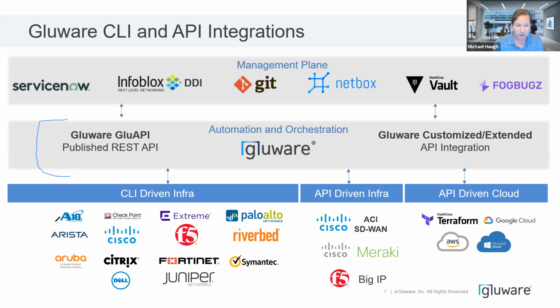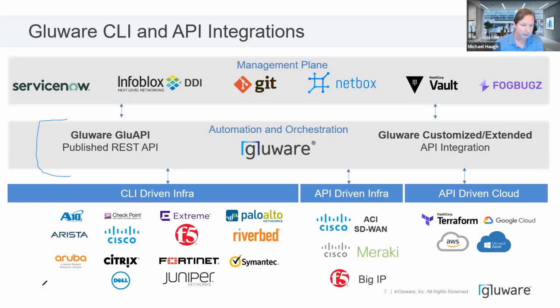And what do we automate? Generally the network, right? Oftentimes when we talk to customers, either we get them in a POC or a trial, and they share with us the vendors that they use and the operating systems, and they can even use Gluware to capture that.